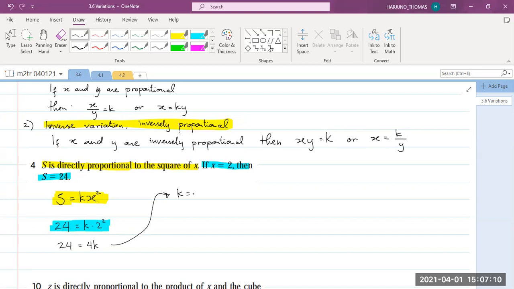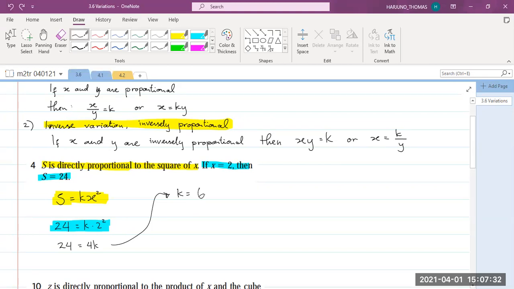Some textbooks are quite 50-50. Some call that constant of variation, some other textbooks call that coefficient of variation. But from what you see here, it's supposed to be coefficient. Yeah, but I don't mind. You call that constant or coefficient of variation, either way is okay.